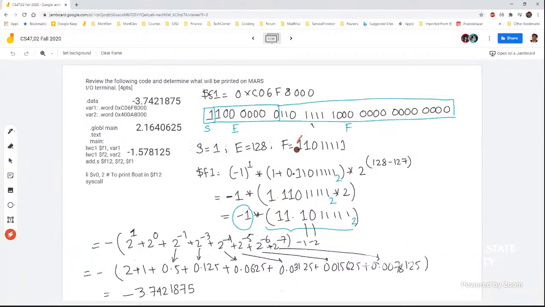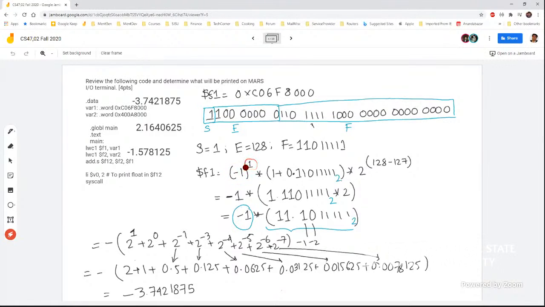Now for the fraction bit pattern, we assume we are talking about 1 plus that bit pattern, so it is represented as 1 point the fraction part of it. Always, by the IEEE format assumption. And this goes as -1 to the power s.